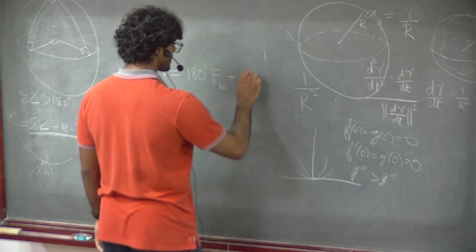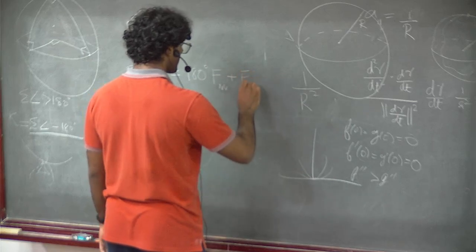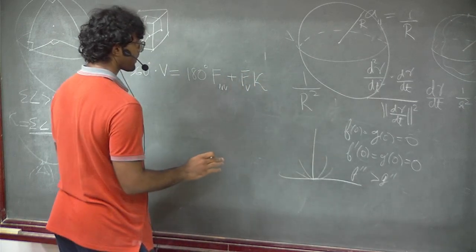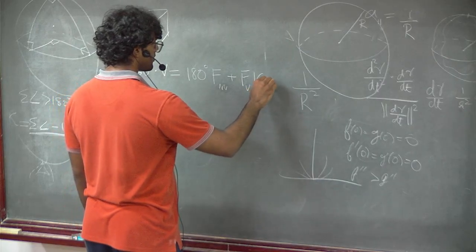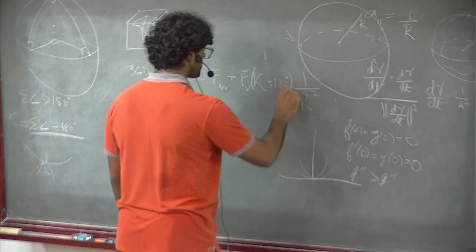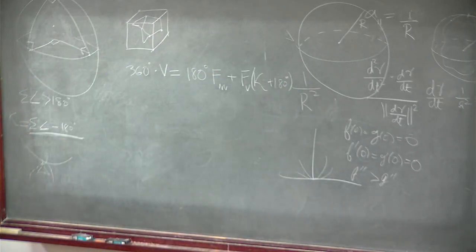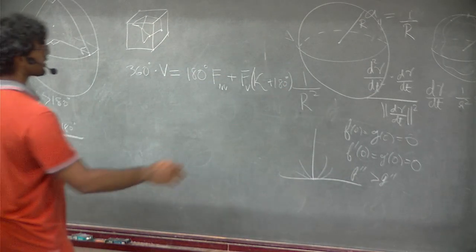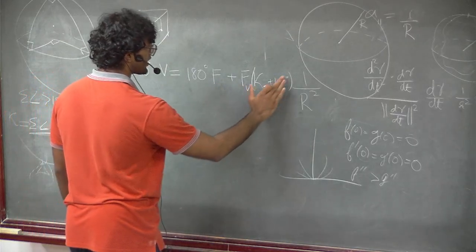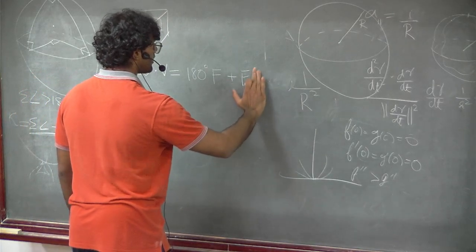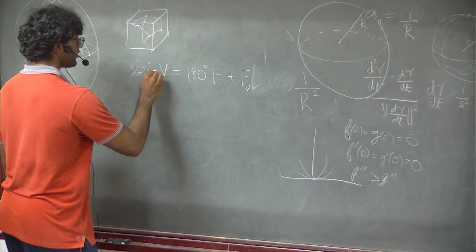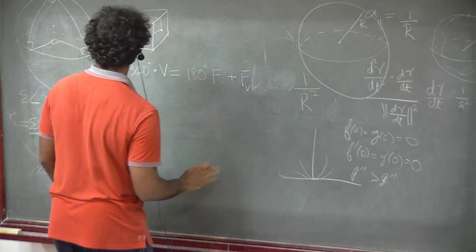So this will be F vertex times kappa plus 180 degrees. And you can take F vertex times 180 degrees plus F non-vertex times 180 degrees and combine them into F times 180 degrees. That's the number of faces.